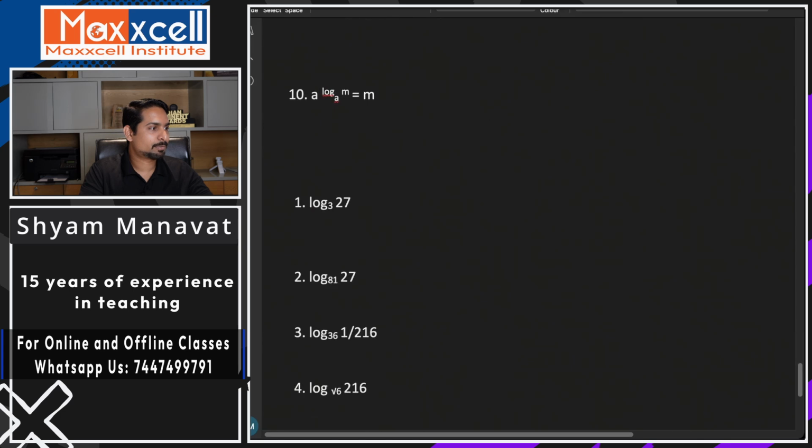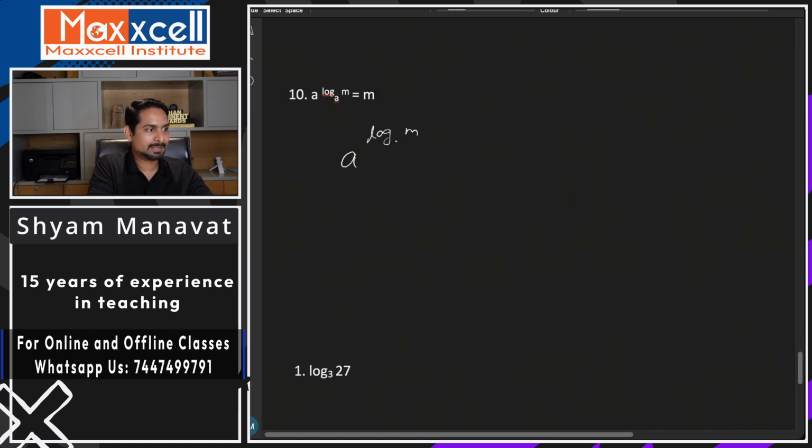And this property is interesting. Please focus here. Let me write this again. It's a to the power log m base a. So the log is in the power. Now the base of the log and the base of this term are the same. In that case, this m can be written directly here.